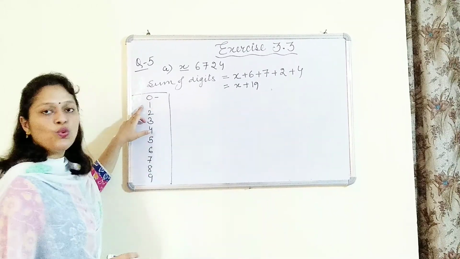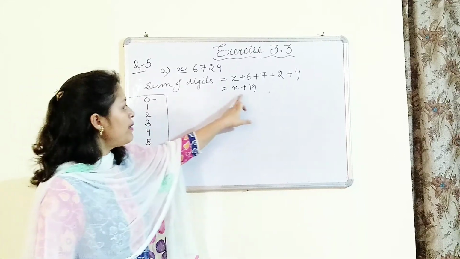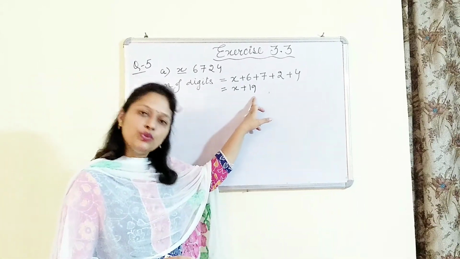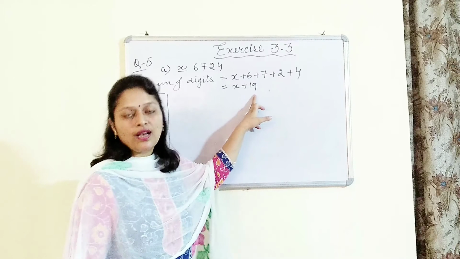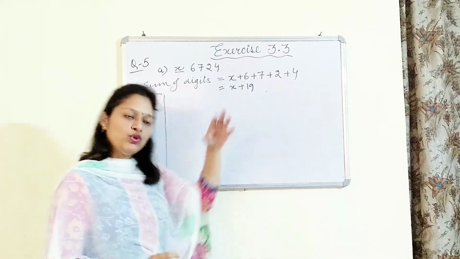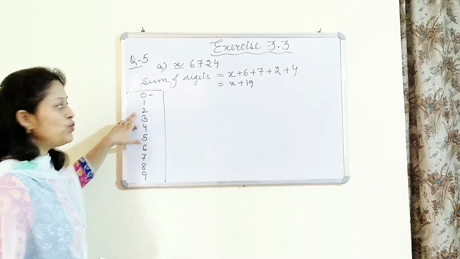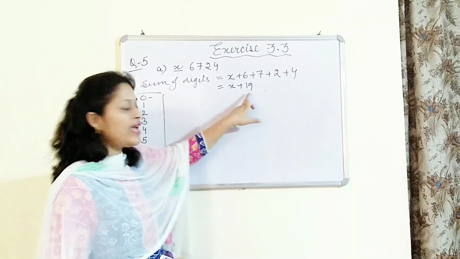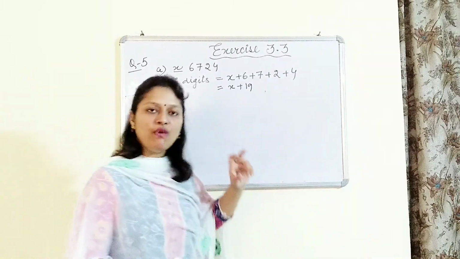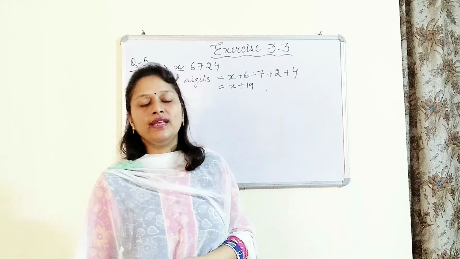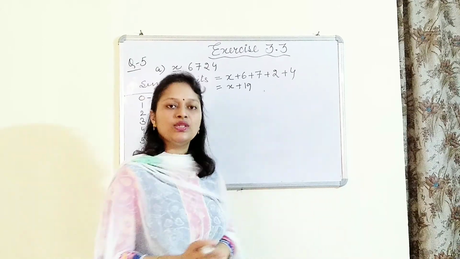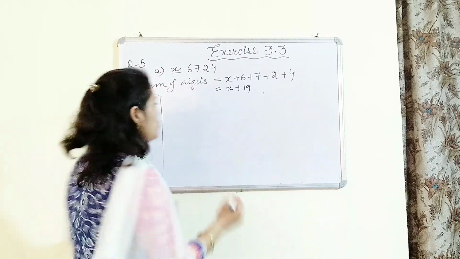If x is equal to 1, 1 plus 19 will become 20. 20 is not a multiple of 3 again. So we will cancel 1 also. If x is equal to 2, then 2 plus 19 will become 21. Yes, 21 is divisible by 3. So we will take x is equal to 2.